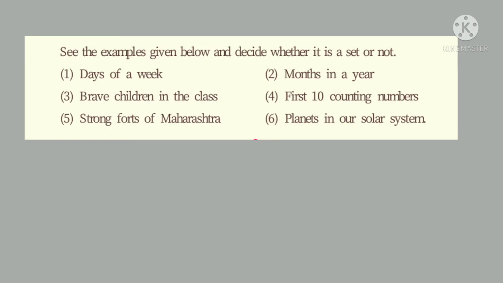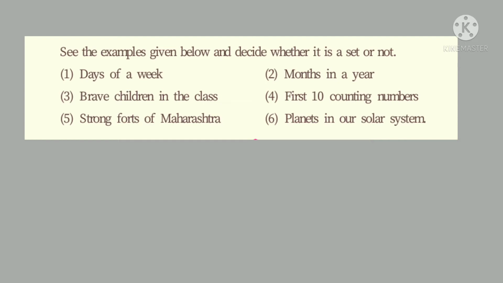See the examples and decide whether each is a set or not. 1. Days of a week. 2. Months in a year. 3. Brave children in the class. 4. First 10 counting numbers. 5.